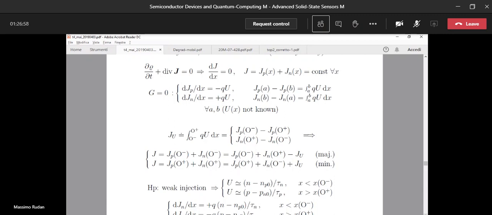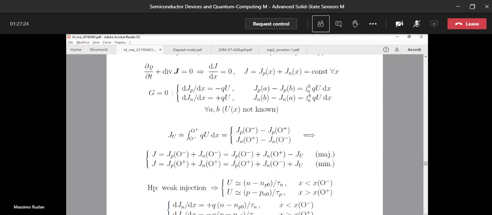Why did we go through this manipulation? Because if you look at this line, you have that Jp of O minus is on the P side, so where the holes are the majority carriers. And Jn of O plus is on the right, in the N zone, where the electrons are the majority carriers.